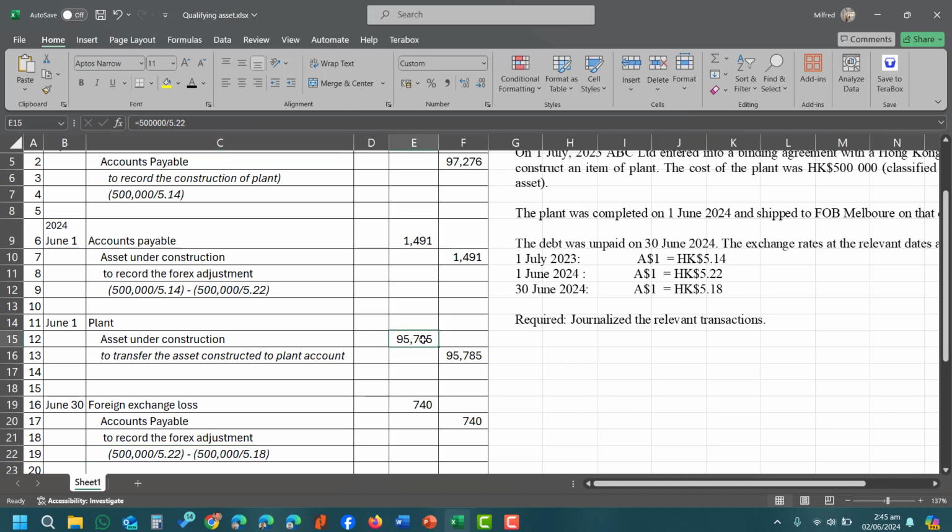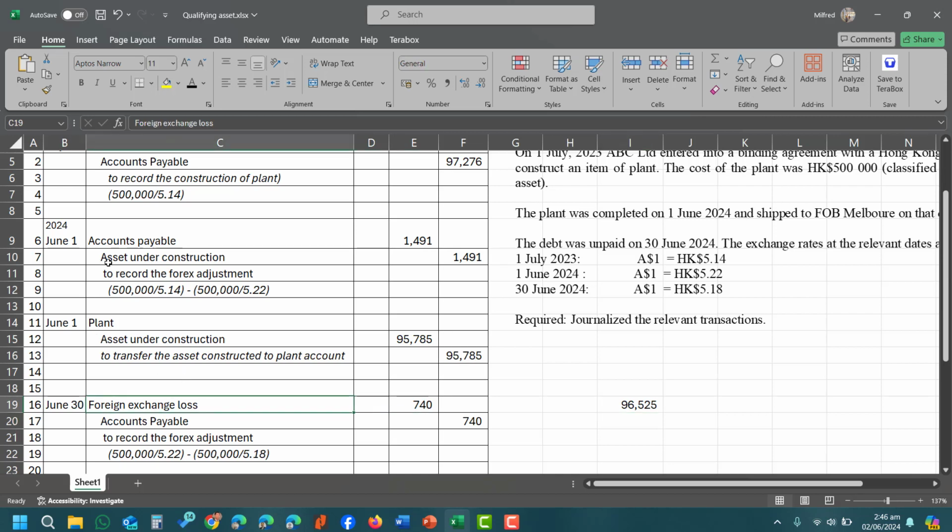On 1st June, you have 95,785, but as of 30th June, due to the foreign currency exchange adjustments, the amount that you should be paying is 96,525. So you know that there is an increase in the liability that you need to settle. In that case, because you are the one to pay, it's a loss for you.